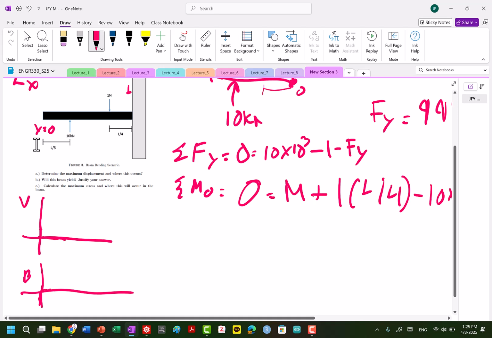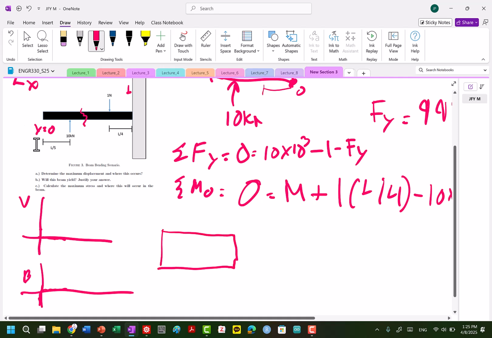And the bending moment here would also be 0 up until you make that cut here. But once I make that cut beyond that force, we're going to have to start to map it out.